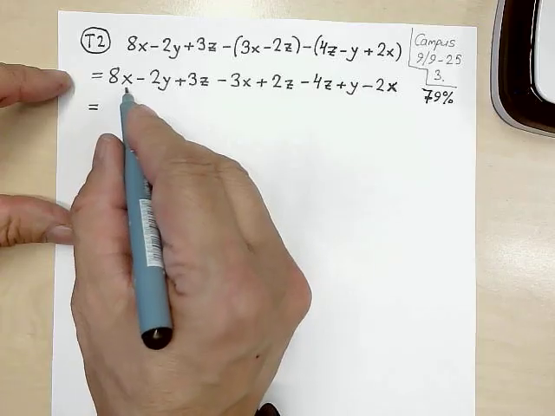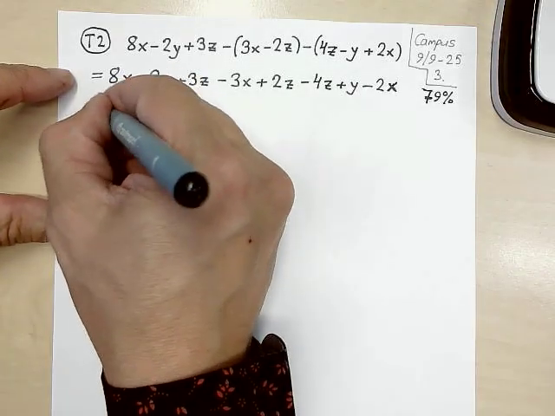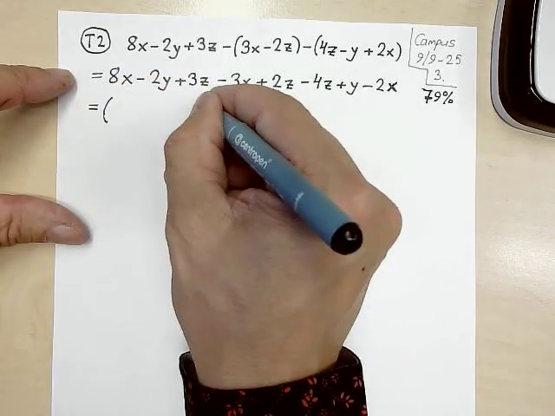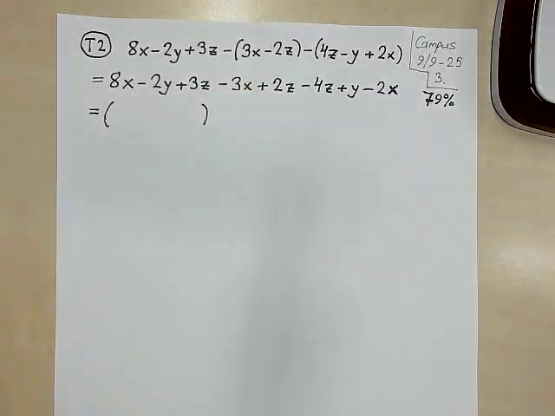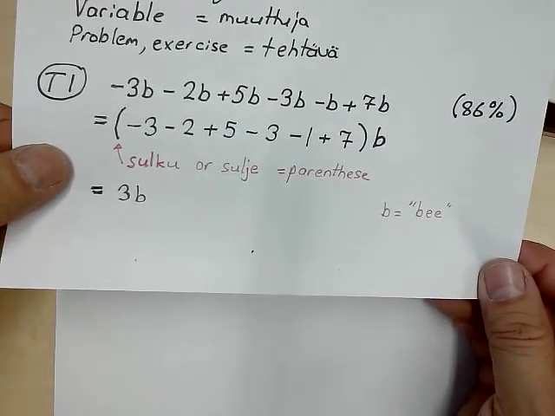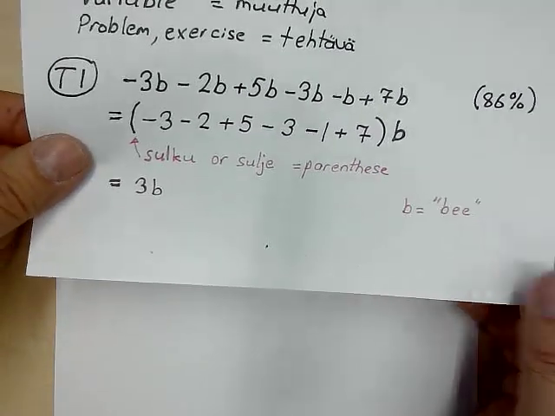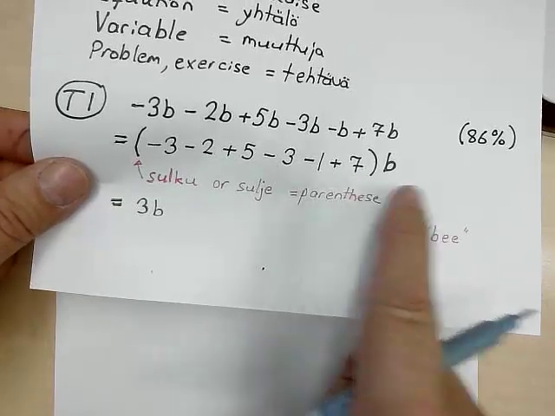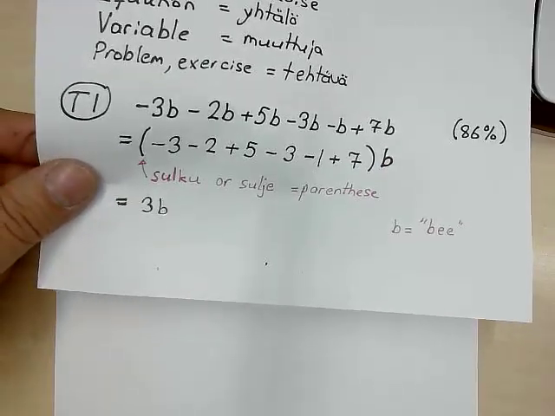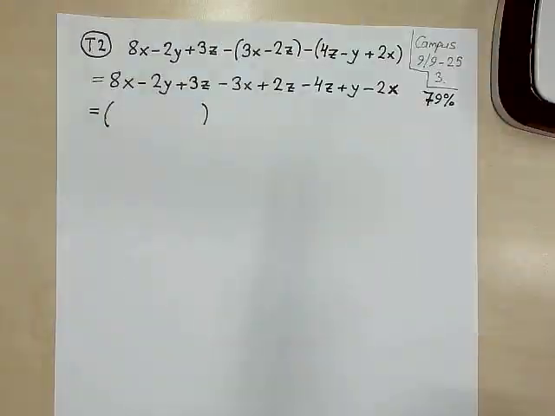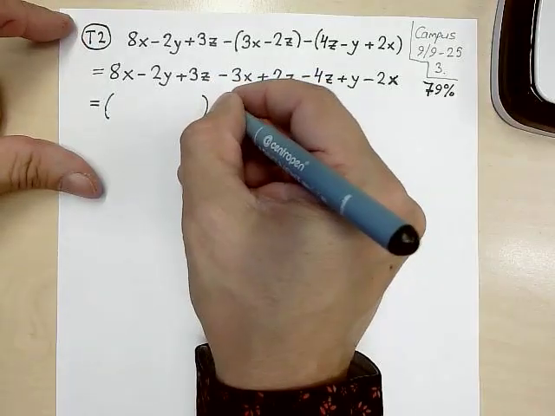I noticed that there are these three letters. I write this like this, as I did here. I only had the letter B there, so I put these parentheses there and then B at the end of the parentheses. And here I do the same thing.